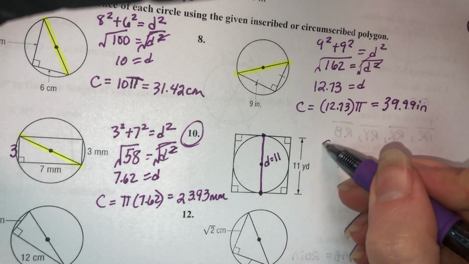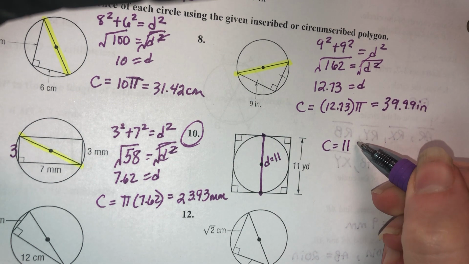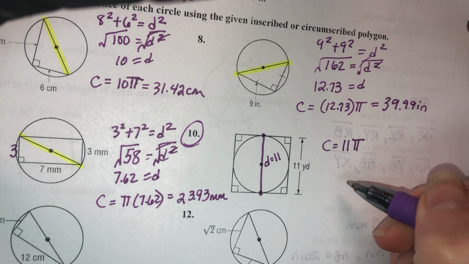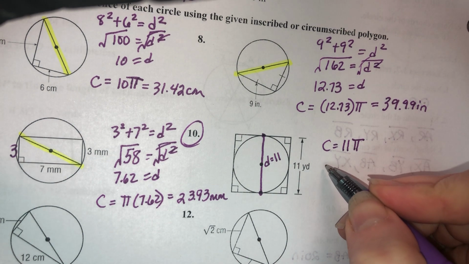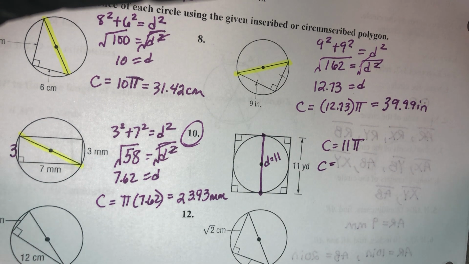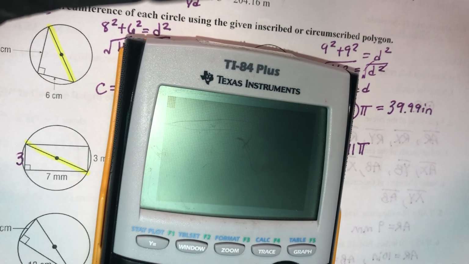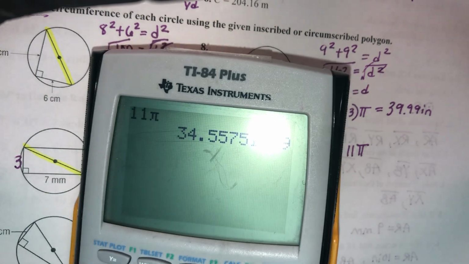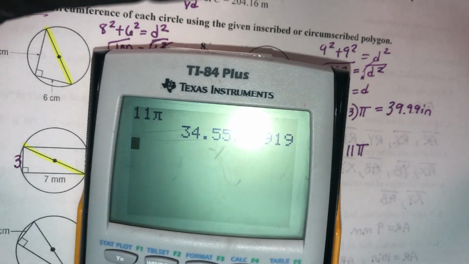So the circumference will be equal to 11 times pi, which you could just leave as 11 pi for an exact answer, or you can type 11 pi in your calculator and get 34.56.